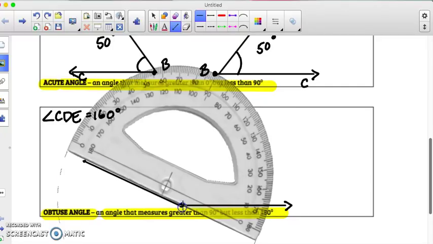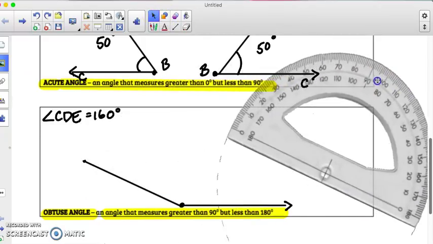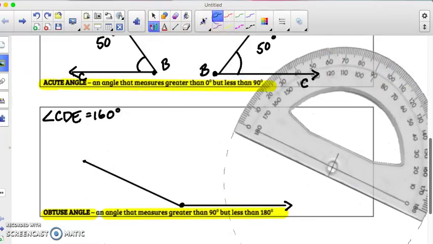I'm a little bit off, but that's okay. All right. Again, you have a 3-degree allowance. Now, here you're going to finish off your markings here. Remember that curved line on the inside is so important because it indicates you're looking at the obtuse angle. You're going to label it C, D, E, and it's going to be 160 degrees. So that's an example of an obtuse angle.